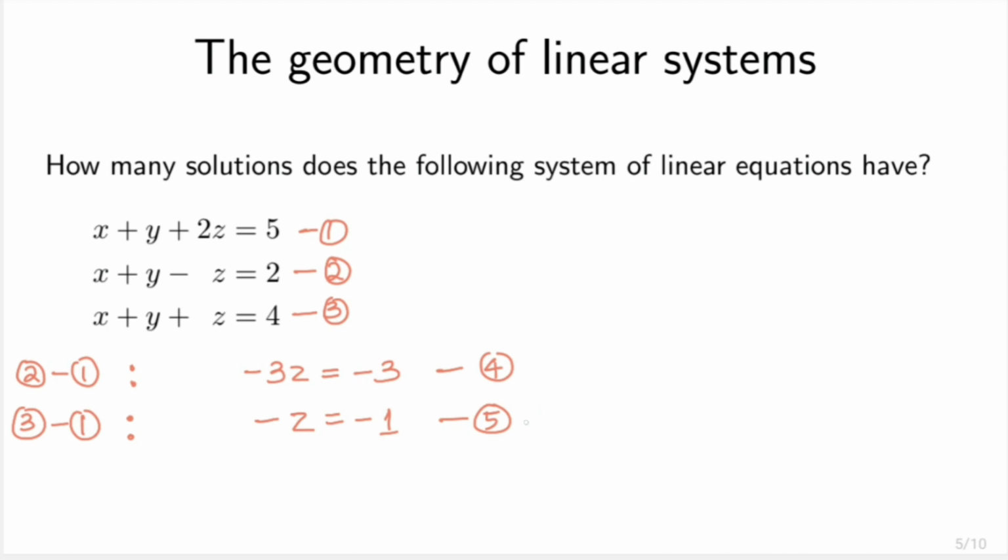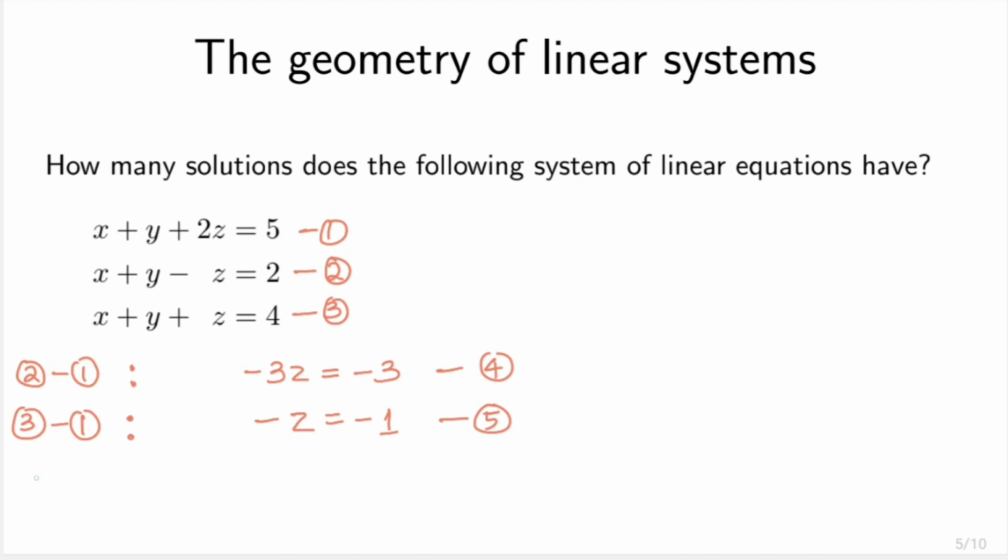But we could also just use equation 5 instead. So we say, well, if you have equation 5 times 3 and you subtract it from equation 4, what are you going to get?